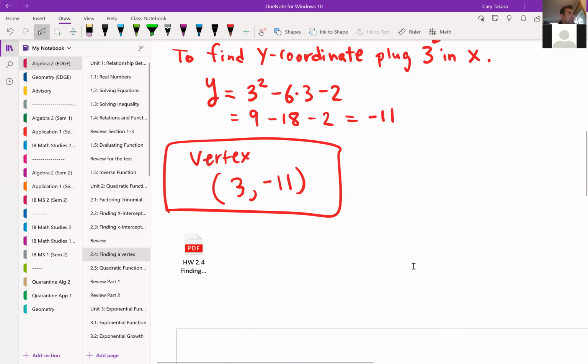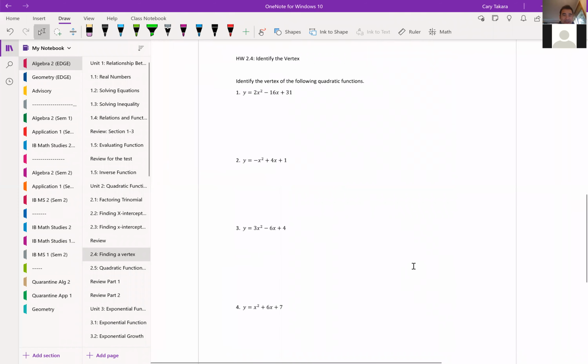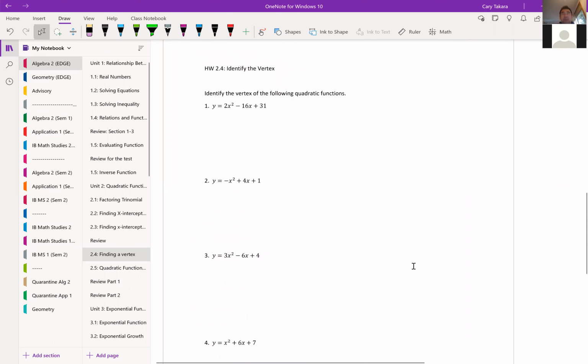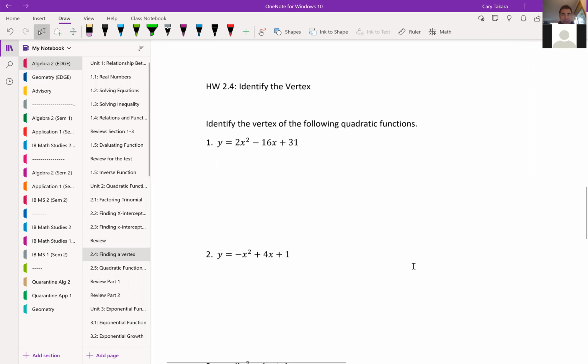All right, what do you guys think? Can you guys do that? Let's do the assignment, okay? So I've got four problems. I think we'll have lots of leftover time here, which is okay.